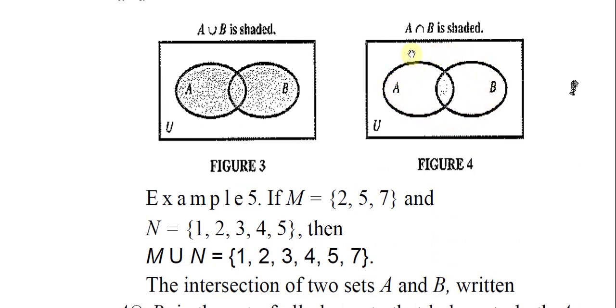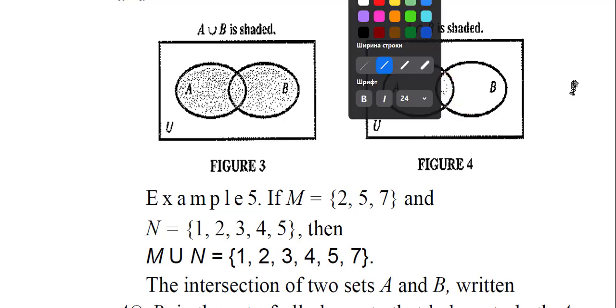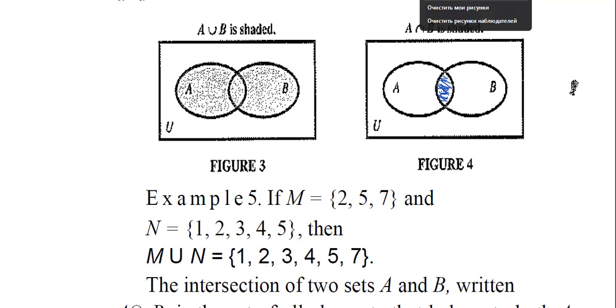So A intersection B is shaded, this one. In both of them, it should exist. This is A intersection B.